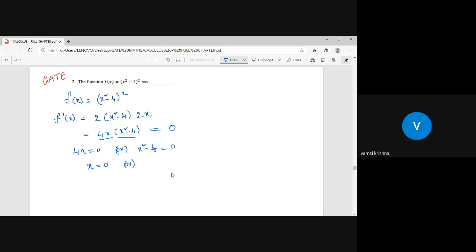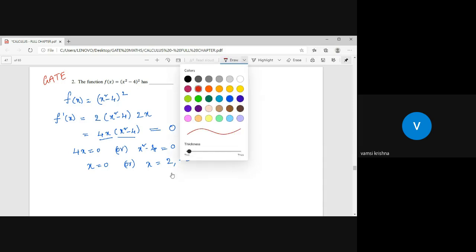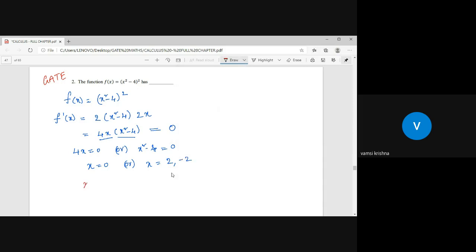Or x square minus 4 is 0 means x square is equal to 4, x is equal to root 4, plus or minus 2. So your answer is either plus 2 or minus 2. Finally, I got the roots for the given function. So the roots are x is equal to either 0 or plus 2 or minus 2.